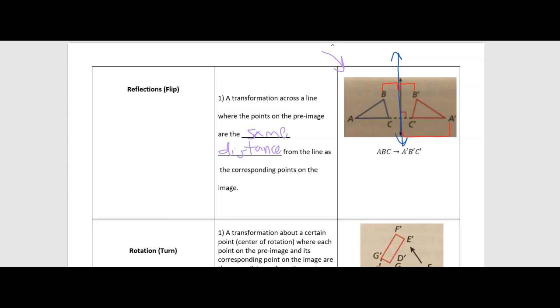Same with A and A prime, and C and C prime. That is the definition of a reflection. You pick a line and you reflect the figure over the line, and the new points on the image will be the same distance away from the line as the points on the pre-image. All right, let's move on to rotations.